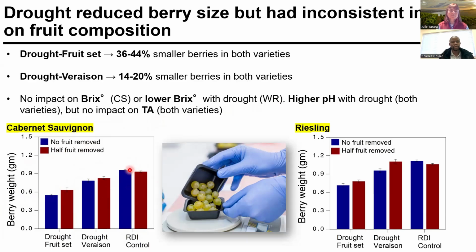We had about 1 gram for our industry standard compared to about 5.5 grams in the drought from fruit set. When you look at the same graph for the Riesling, it was almost the same trend, where you have much more impact from the drought from fruit set.